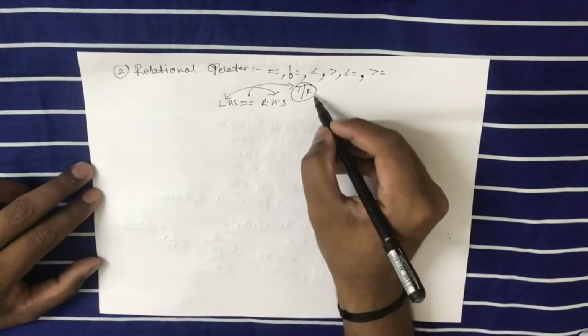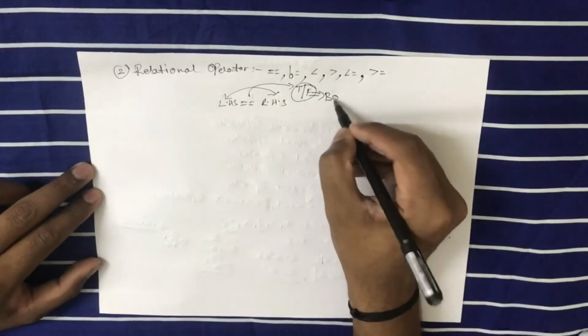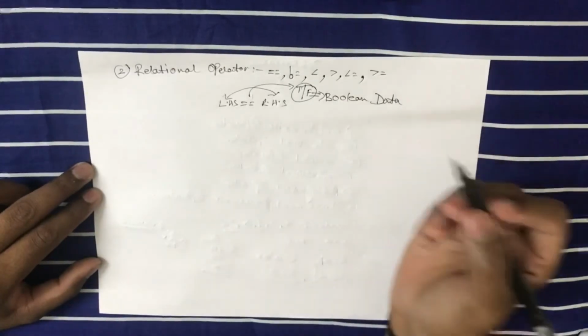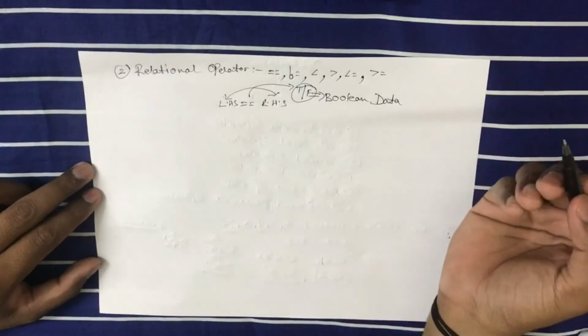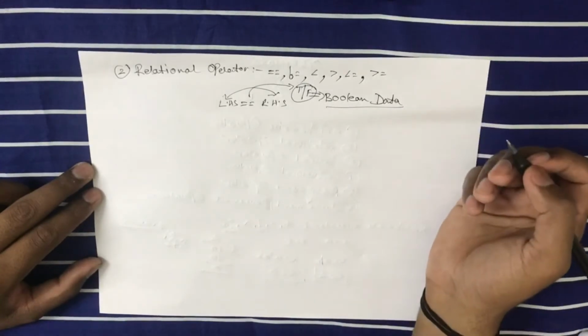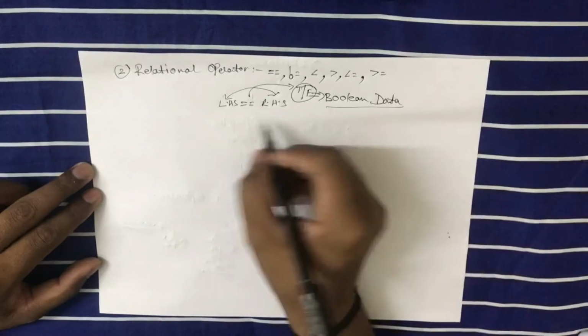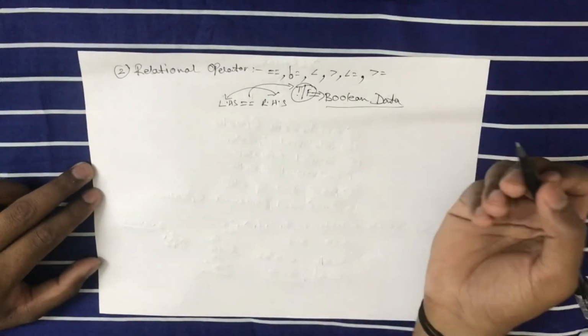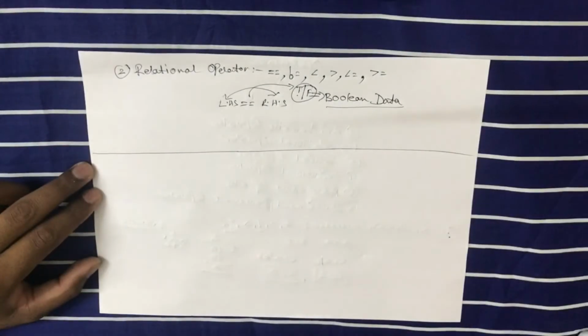This type of data is known as Boolean data. In this category, each and every operator returns a Boolean value, either true or false. If the expression is satisfied, it returns true. If not, it returns false. So this was all about relational operators.